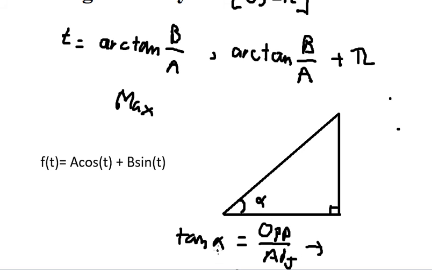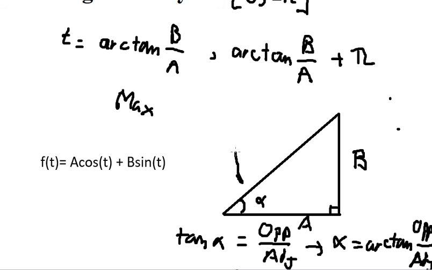So if we want to get alpha, or maybe t in here, we have alpha equal to arctan of opposite divided by adjacent. Opposite is b. Adjacent is a.